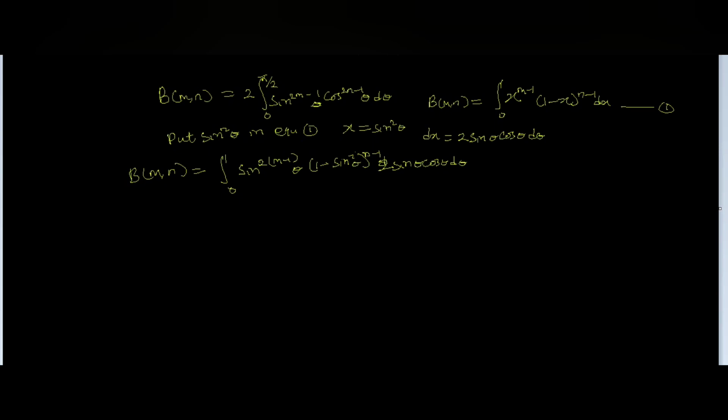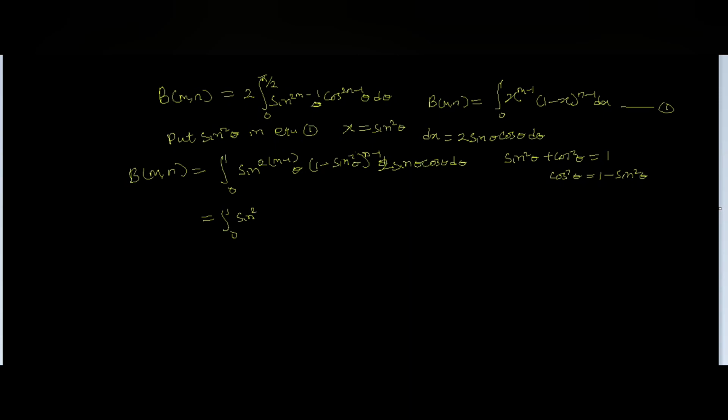So let's look at this now. In our trigonometry, you discover that sine square theta plus cos square theta is equal to 1. So that means cos square theta is equal to 1 minus sine square theta. So we are going to substitute this value of 1 minus sine square theta with cos square theta. So this will become the integral from 0 to 1 of sine square theta to the power of m minus 1, so we can open this bracket, of course.